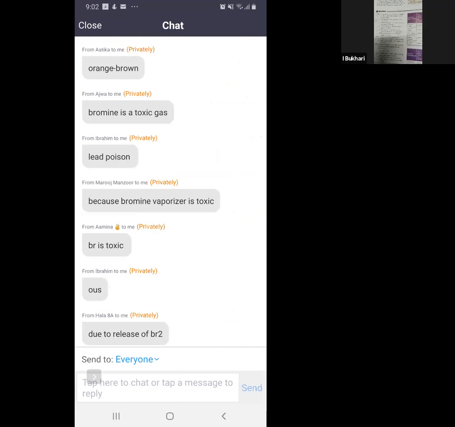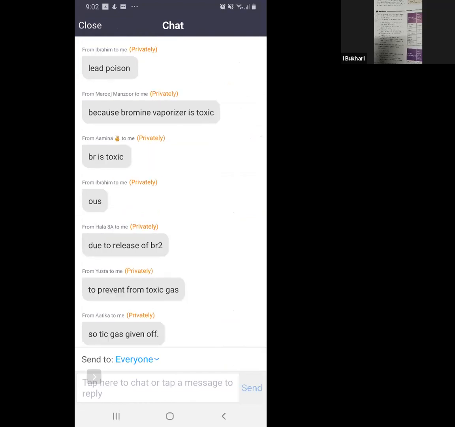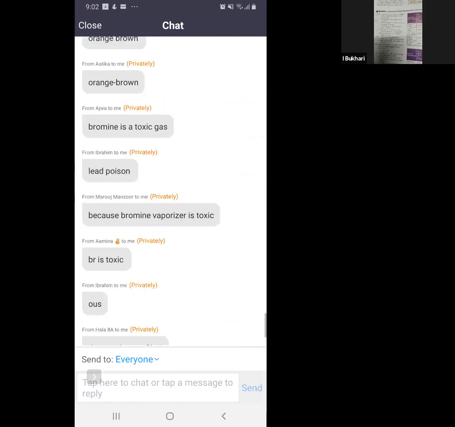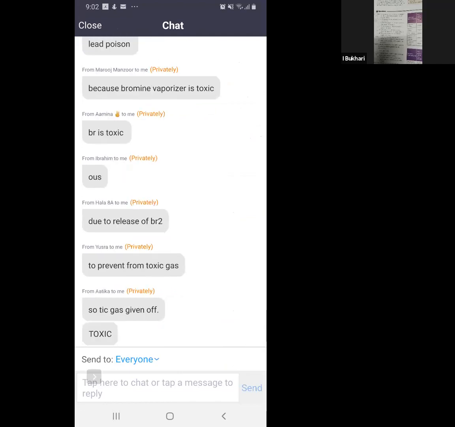Ibrahim, lead is a solid, so it will be deposited on the cathode and won't be in the form of vapors. A fume cupboard, as the name suggests, is a cupboard that traps fumes. Fumes are like vapors in the air, droplets sort of.